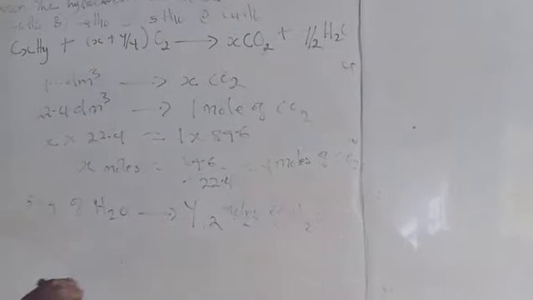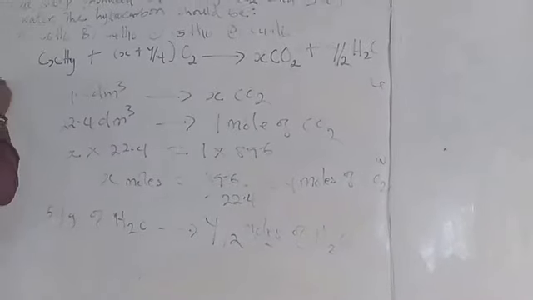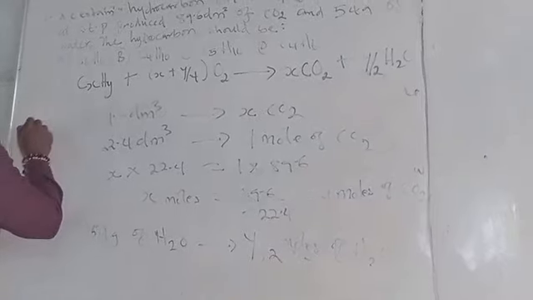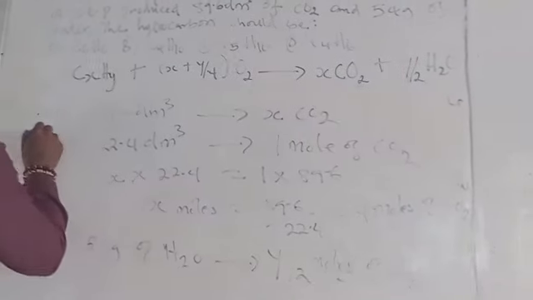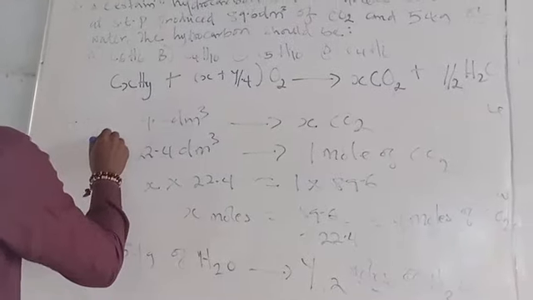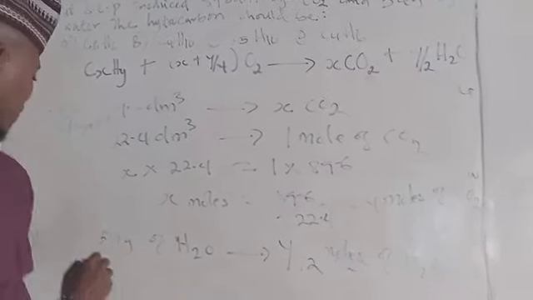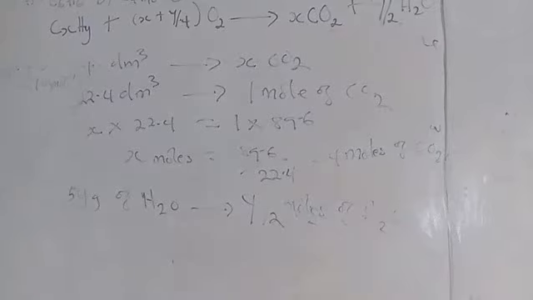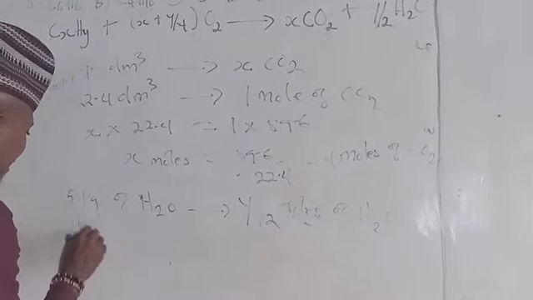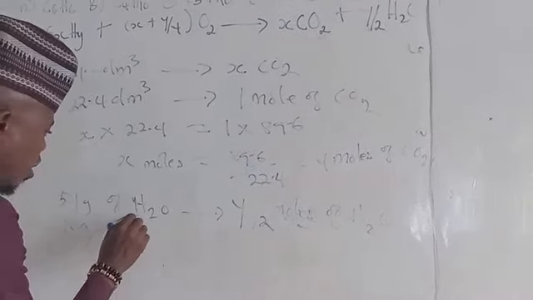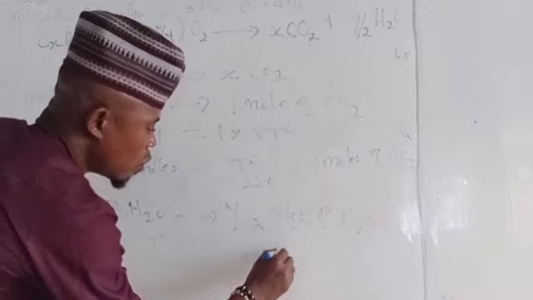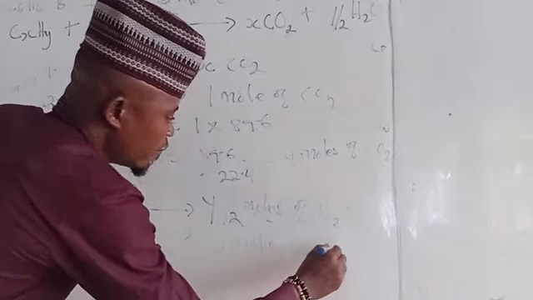Now, if you calculate the molar mass of water, you have 2 hydrogen plus oxygen, and it will give you 16 grams per mole. So it means that the molar mass of anything is equivalent to 1 mole of that thing. It implies that 16 grams of water will produce 1 mole of water.